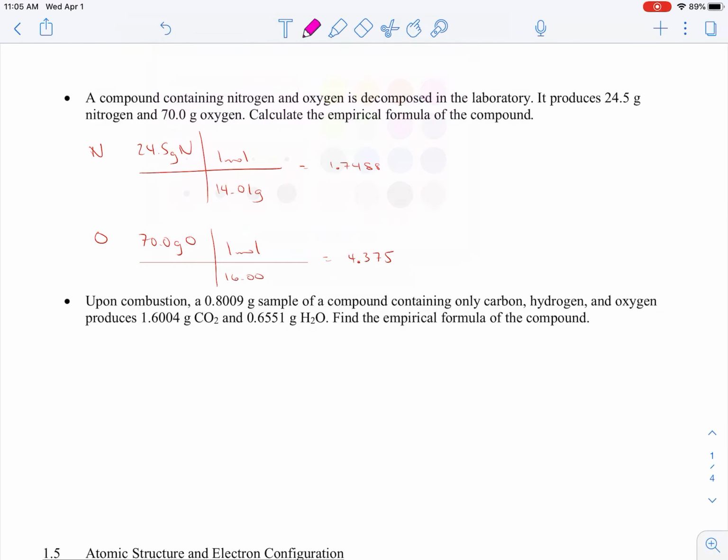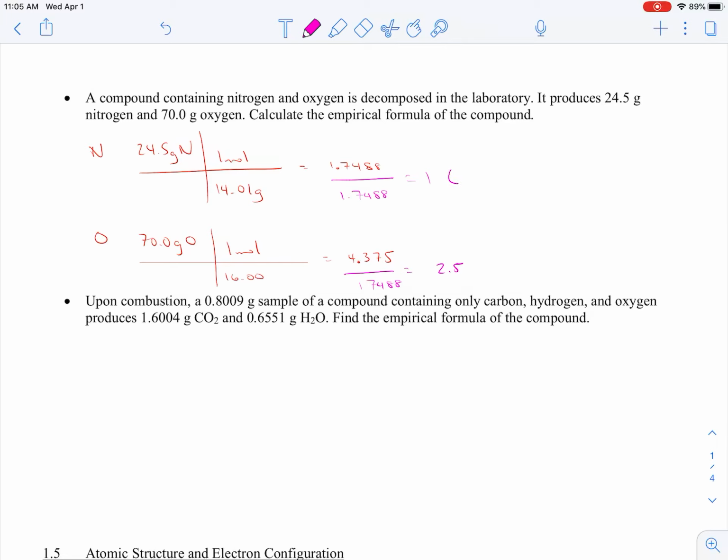That kind of brings us to our ratio if you think about it. So we're going to divide each of them by the smallest one to give us what our ratio officially is. So that one's going to be 1. And then this is 2.5, and this is a perfect example because now we have a fraction and we have to multiply to get the fraction out.